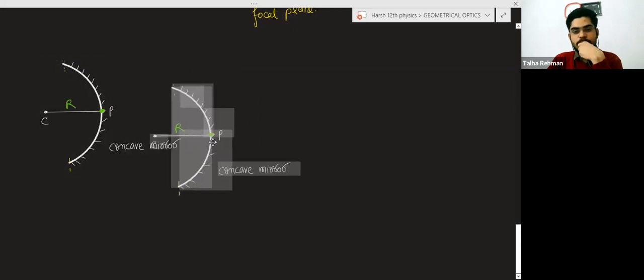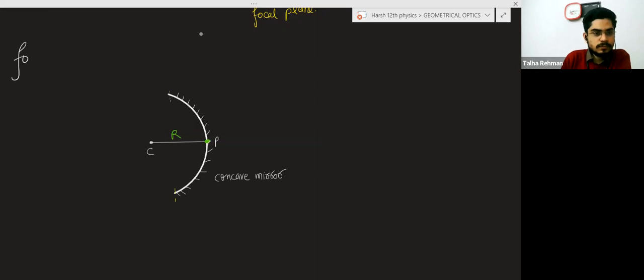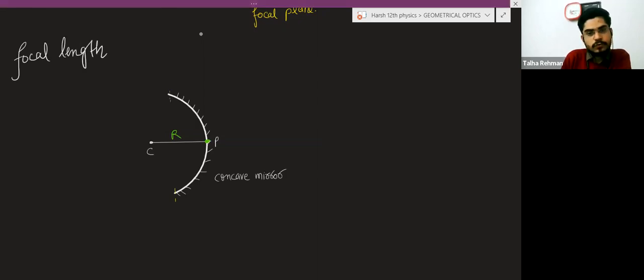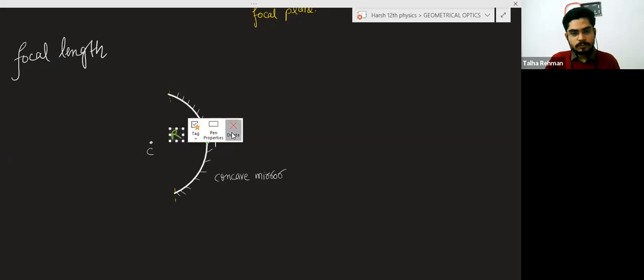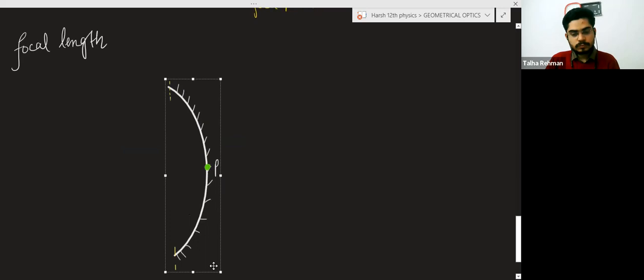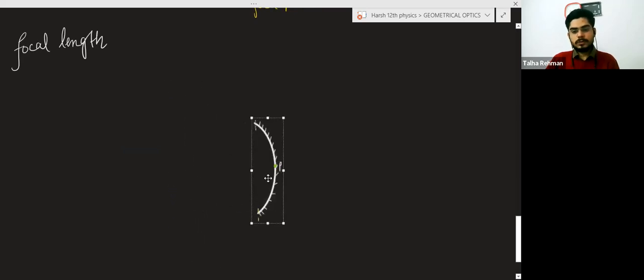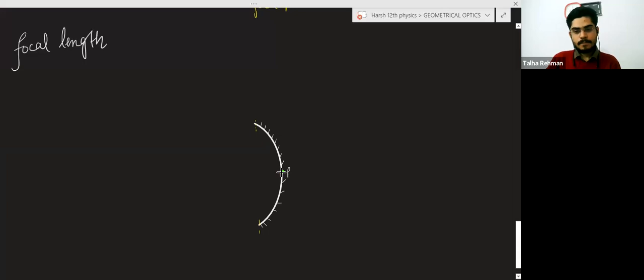This is the concave mirror, and we are discussing focal length. So this is a concave mirror, and this is the pole, and the principal axis.